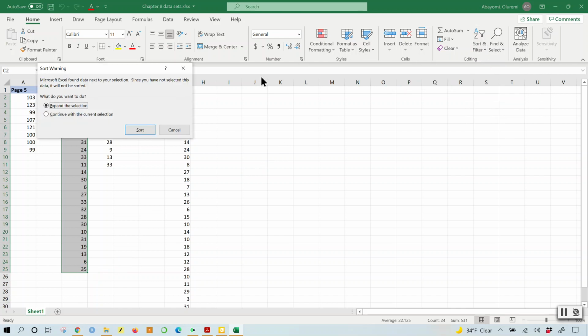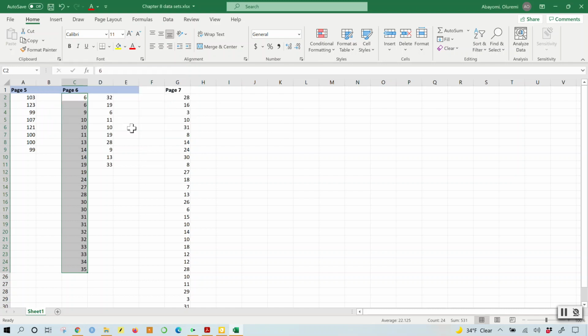Choose continue with the current selection. Excel will ask you if you want to include more data values. Just ignore that and continue with only the numbers currently selected, and sort. You can see that it goes from the smallest, 6, to 35.